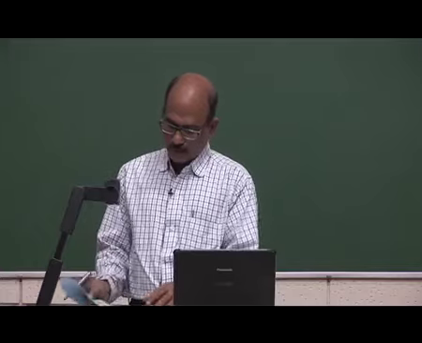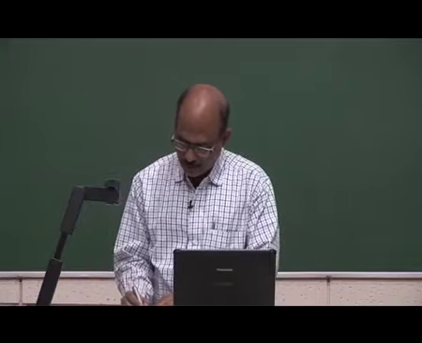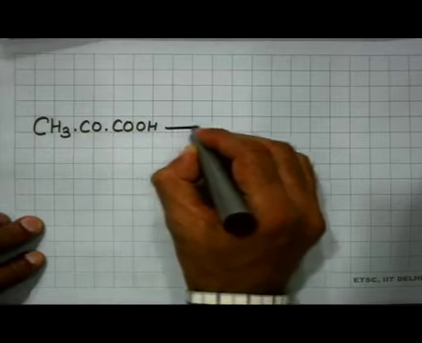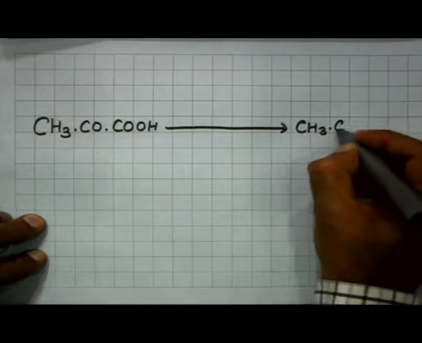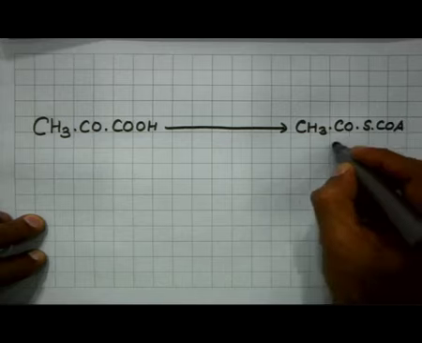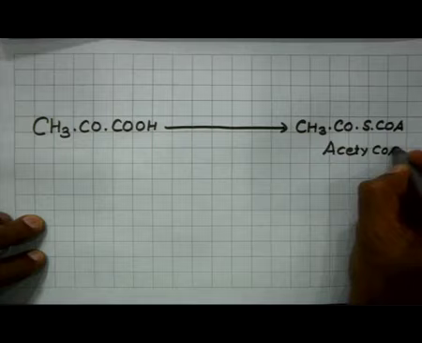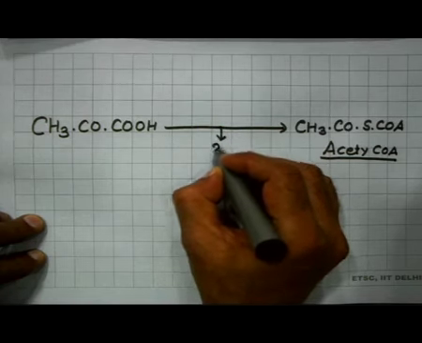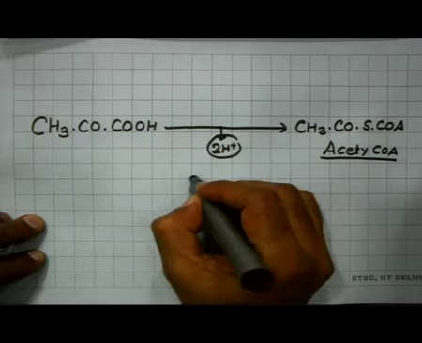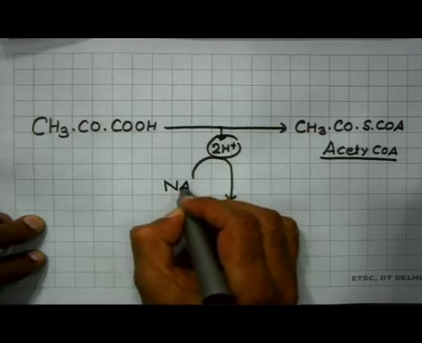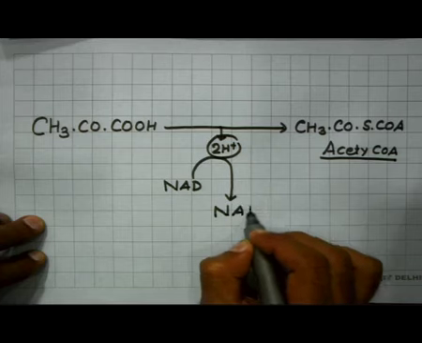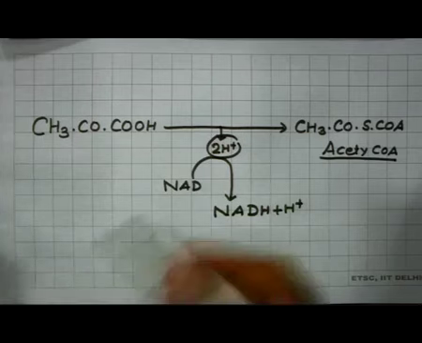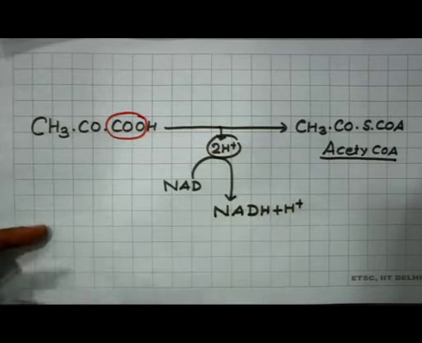Here the reaction of the decarboxylation process is: pyruvic acid, CH3COCOOH, forms acetyl coenzyme A, CH3COSCoA, and there is a release of a proton in the form of hydrogen, which is accepted by NAD and converted into NADH plus H plus, and the carbon dioxide of the pyruvic acid is also removed.